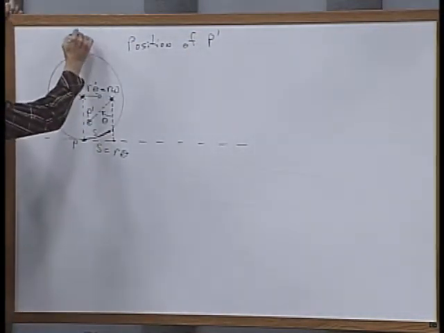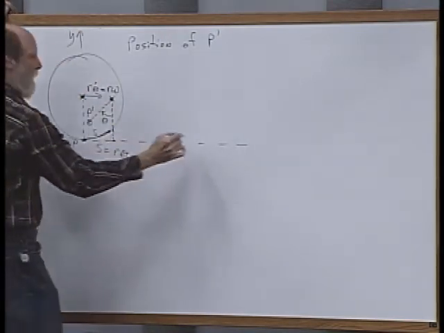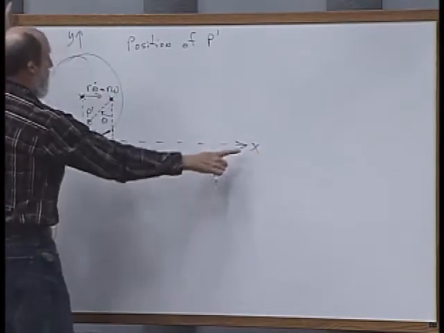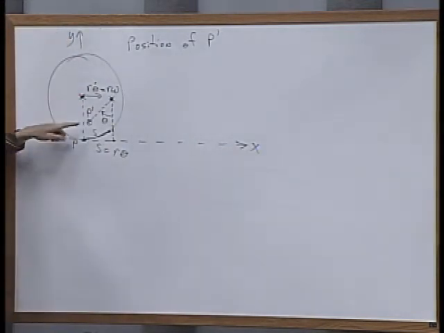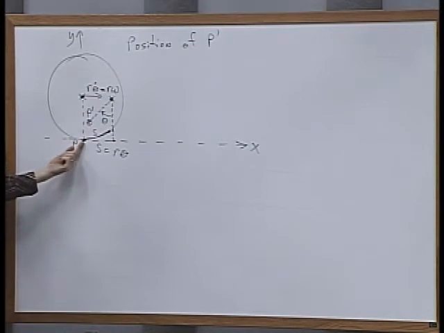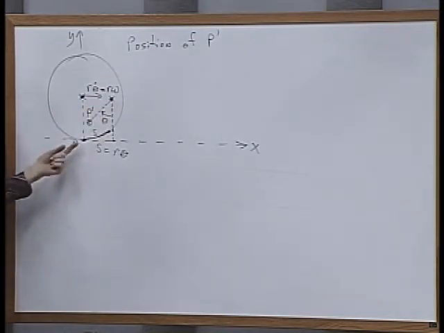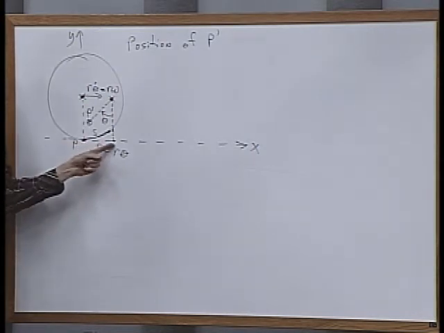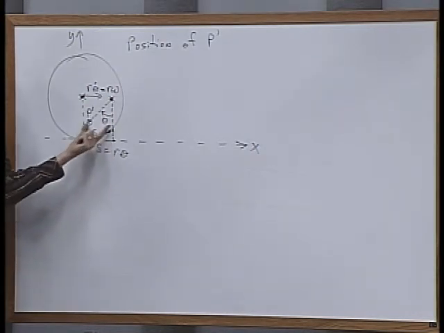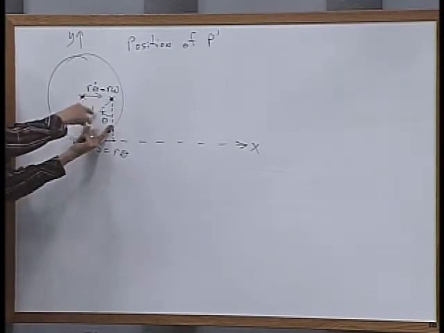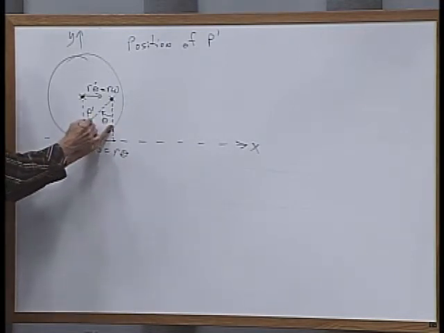So let's set up an axis system. Here's Y, and let's say down the road is X. I want to know the X coordinate of this point. Well, I just keep track of the center of the wheel. So it's distance S over, and then I have to back up this portion of this triangle right here. Careful.